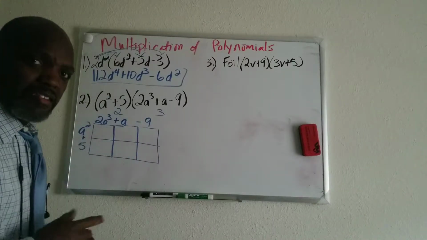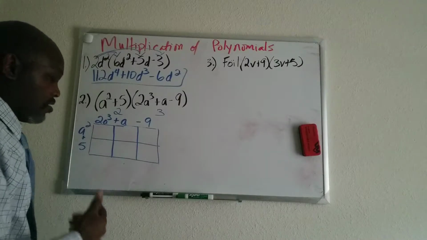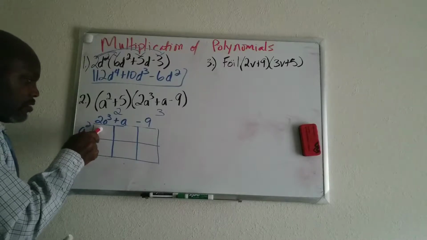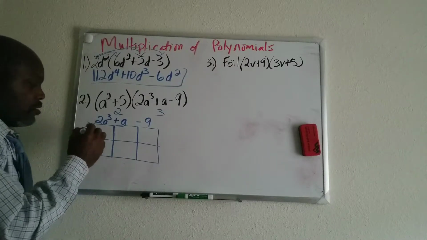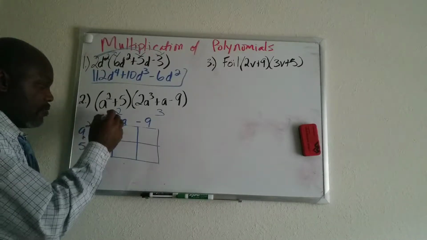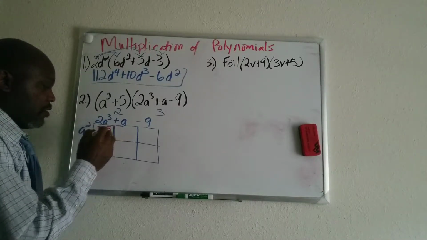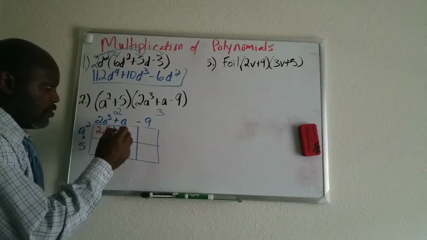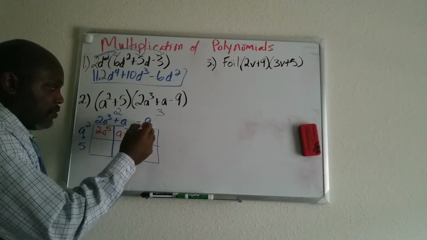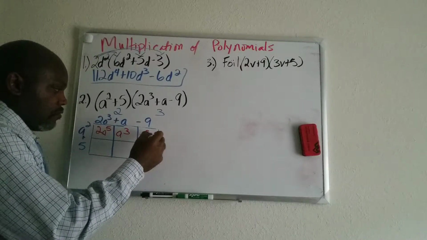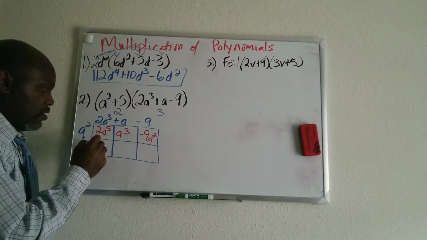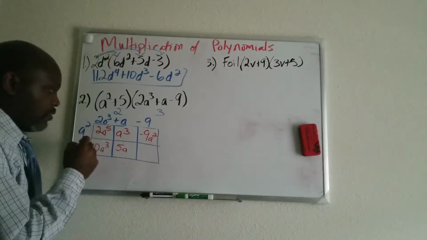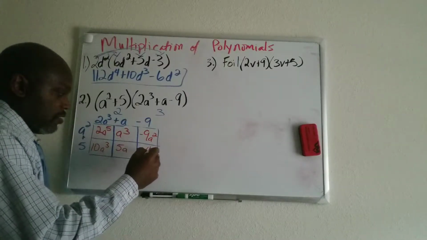You know how you use a multiplication table? We're going to use the multiplication table. They call this an area model because you're trying to find out what this area is. So 2 times 1 is 2, a squared times a to the 3rd is a to the 5th. Then a squared times negative 9 is negative 9a squared. 2 times 5 is 10, then a to the 3rd. 5 times a is 5a, and then 5 times negative 9 is negative 45.